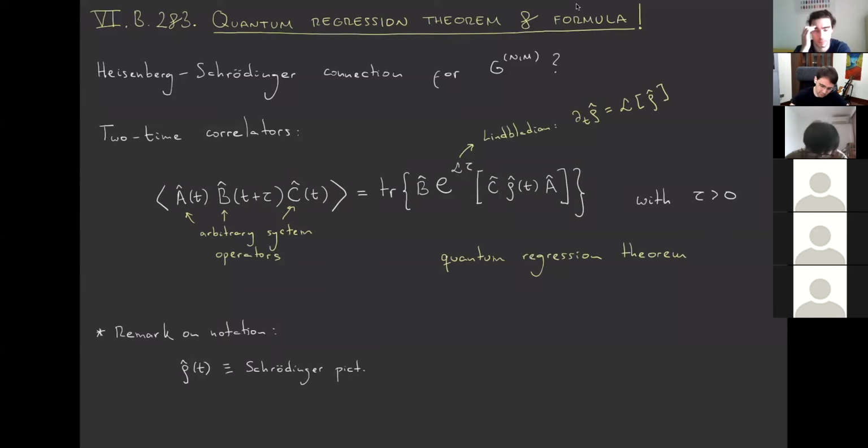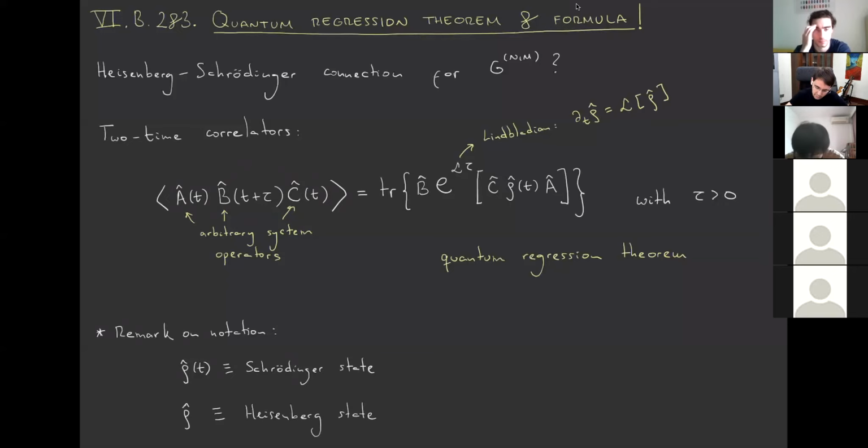Now, if I just write rho without a time label, then this will be a Heisenberg picture expression, so it's a state in the Heisenberg picture.